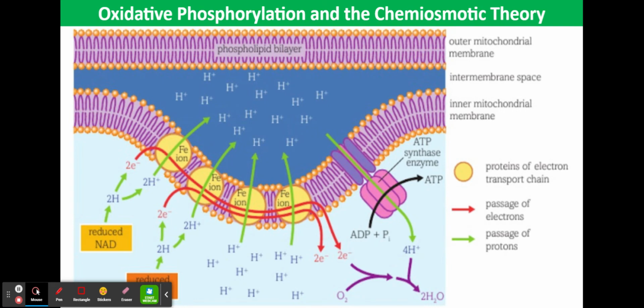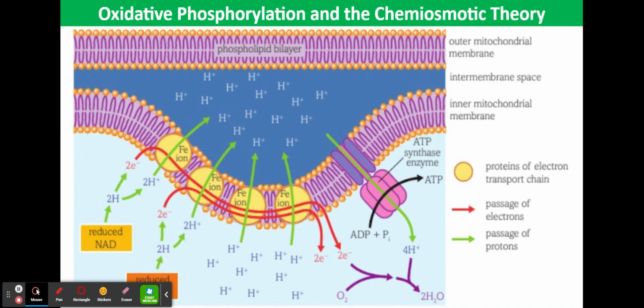As protons diffuse down their concentration gradient through these channels, the flow of protons causes a conformational or shape change in the ATP synthase enzymes that allows ADP and Pi to combine, forming ATP.